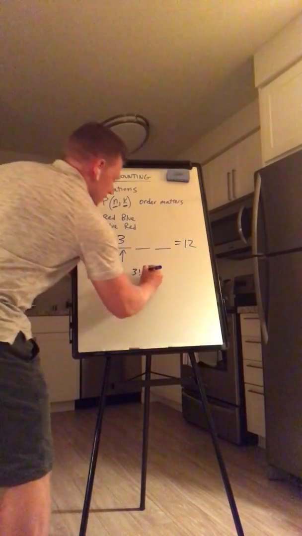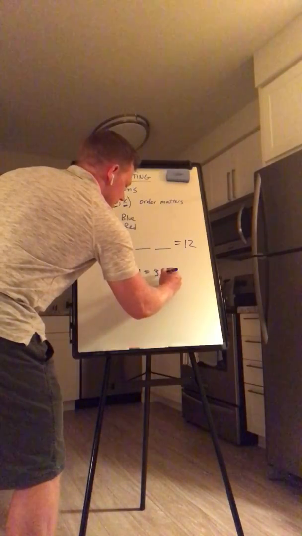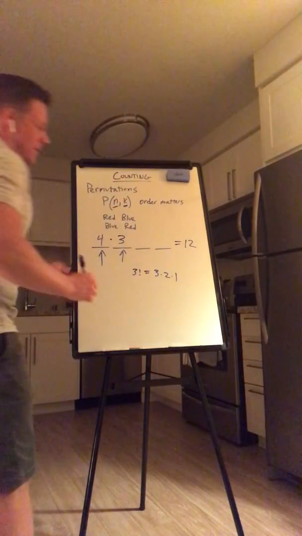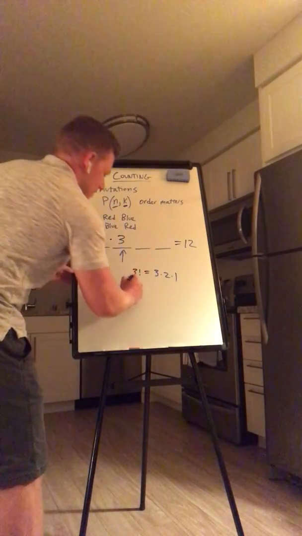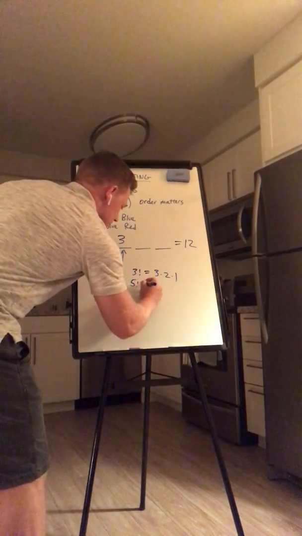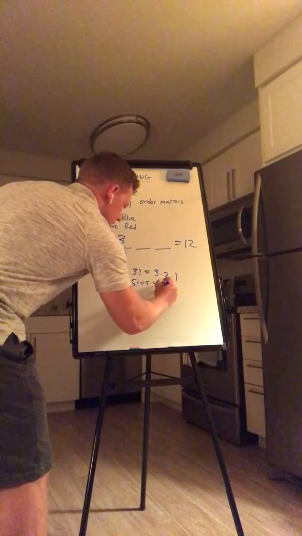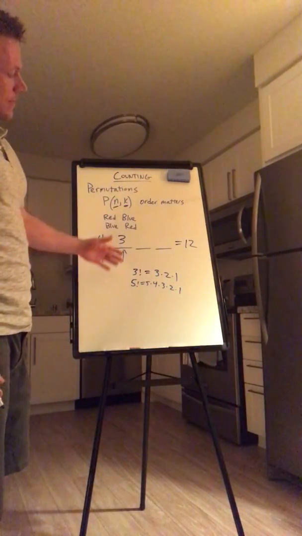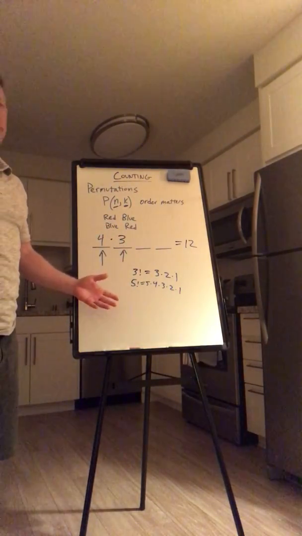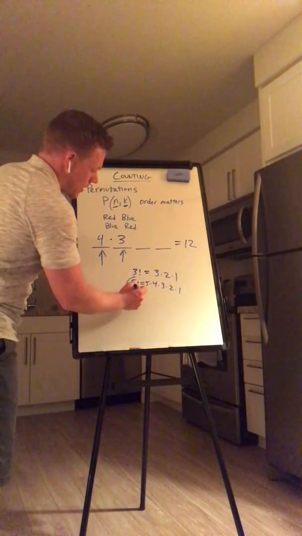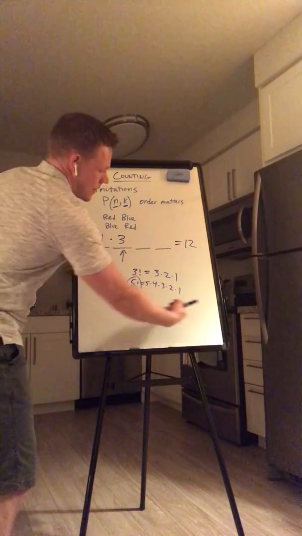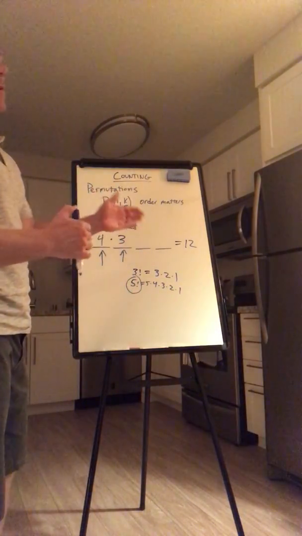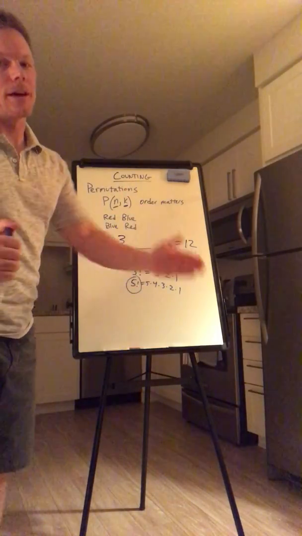So 3 factorial is equal to 3 times 2 times 1. Likewise, 5 factorial is equal to 5 times 4 times 3 times 2 times 1. It's a simple way of showing multiplying all the integers down from that integer all the way down to 1.